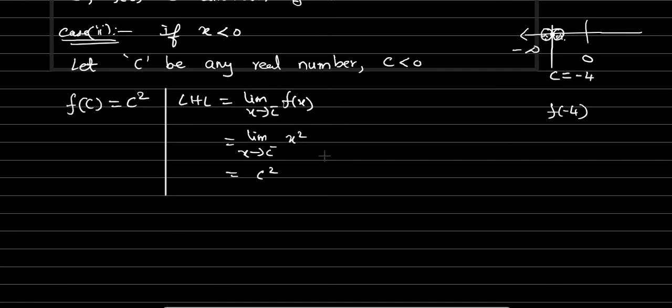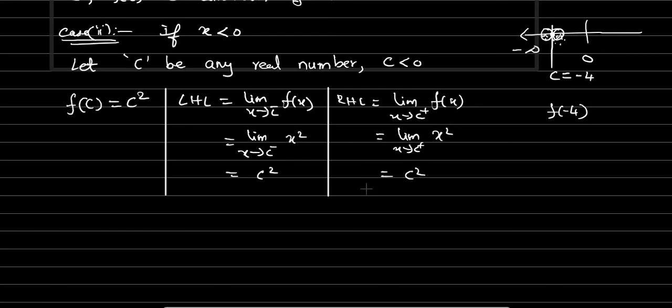Similarly, the same way we find the right-hand side limit. Limit as x approaches c of f(x): what is the suitable f(x)? Right side close values of c are not greater than 0, that is also less than 0, so f(x) is x square. Now applying the limit, c square.